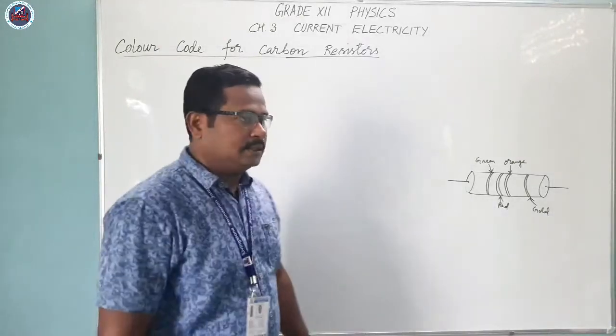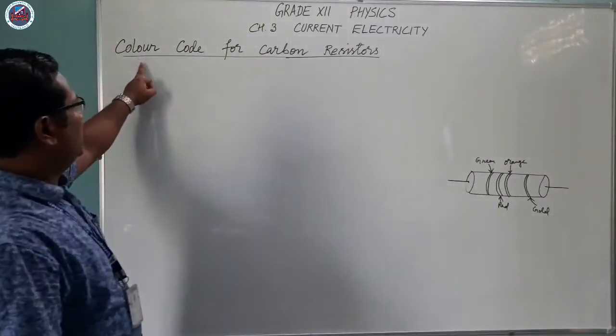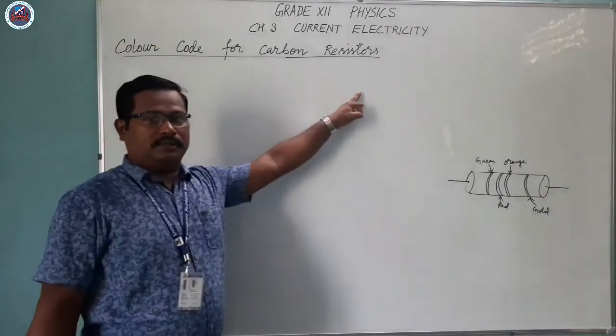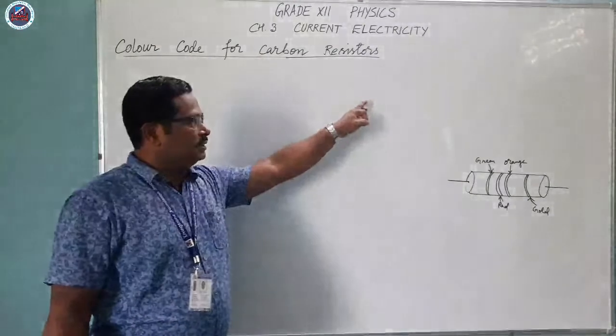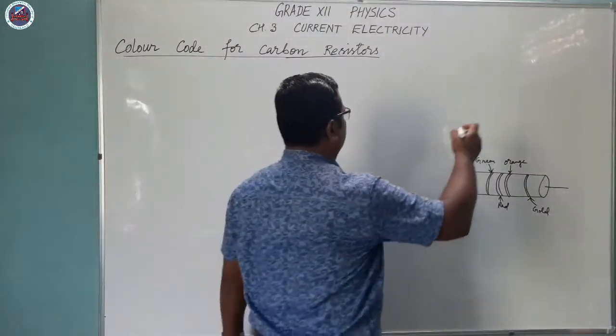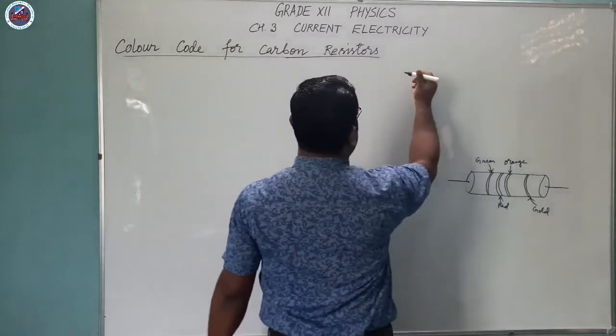To know this, we study this topic called color code for carbon resistors. To understand this, if you can remember this sentence, it will become very easy for you.